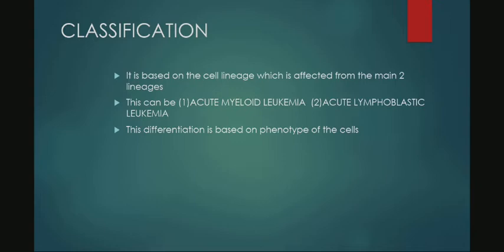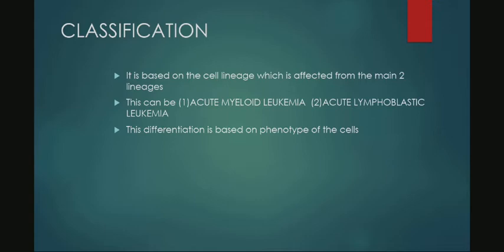Okay, when we come to acute lymphoblastic leukemia, the phenotype marker that is used to diagnose it is actually the presence of TdT, a DNA polymerase. Okay, so these cells will be TdT positive.